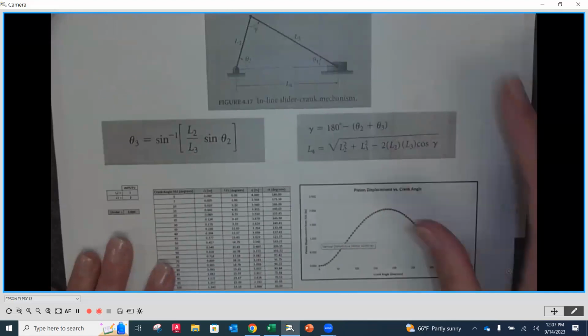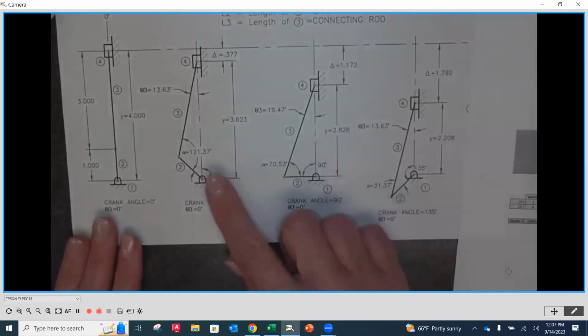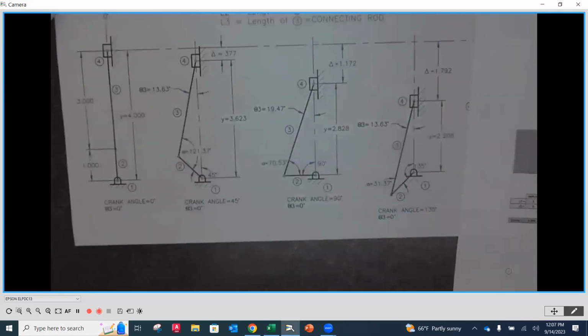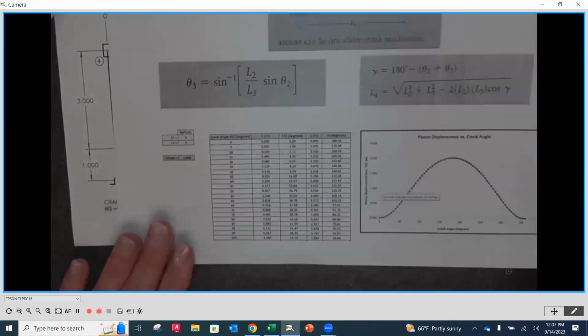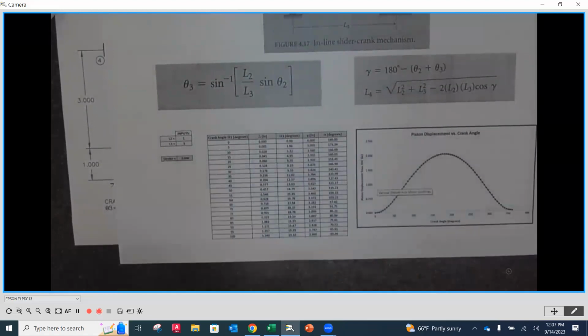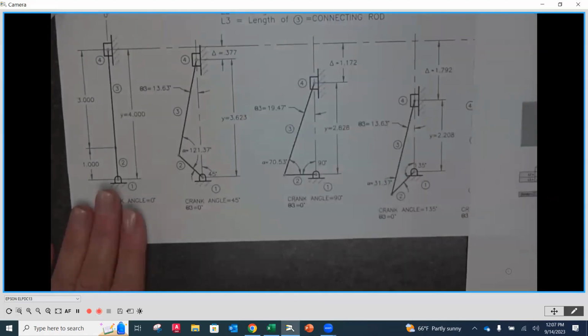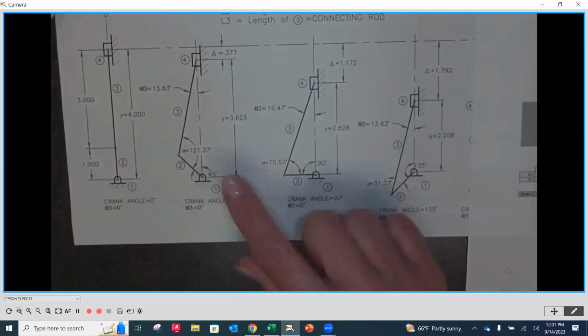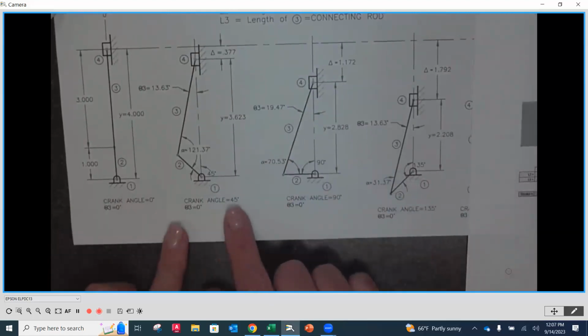Then as we move our crank, you're going to be making your chart in every 5 degree increments, but I wasn't going to draw each and every one of these at 5 degree increments, because that would be a lot. So I went to 45 degrees. You'll notice here that it says crank angle is 45 degrees.